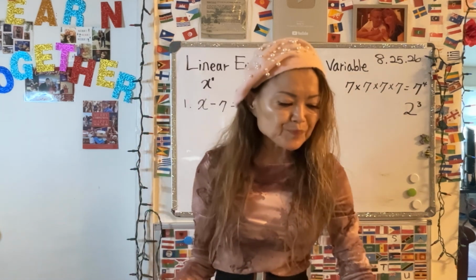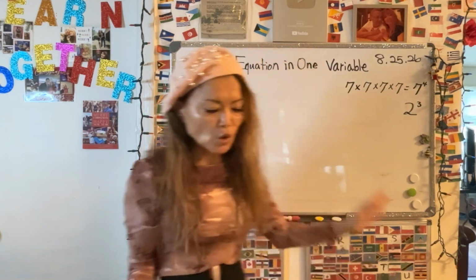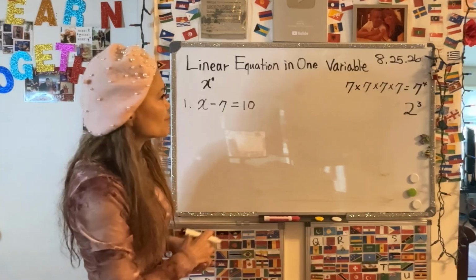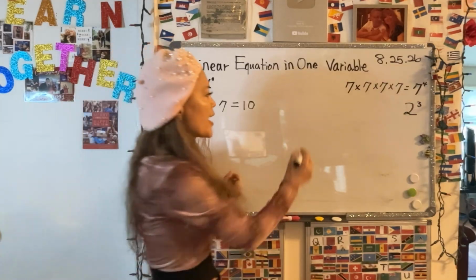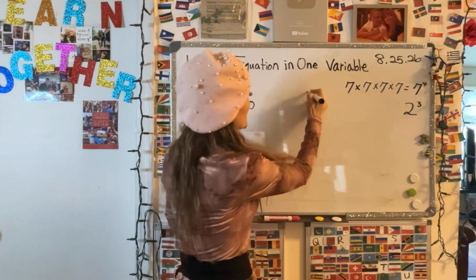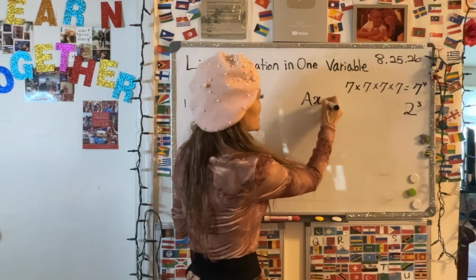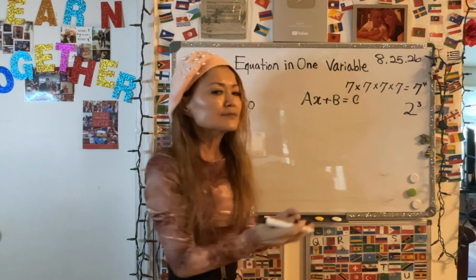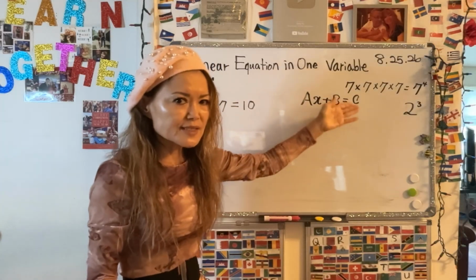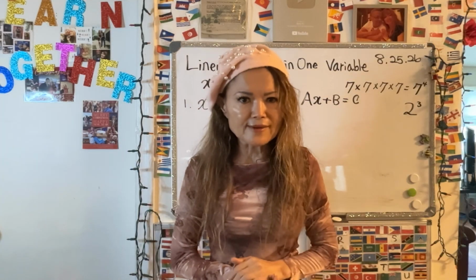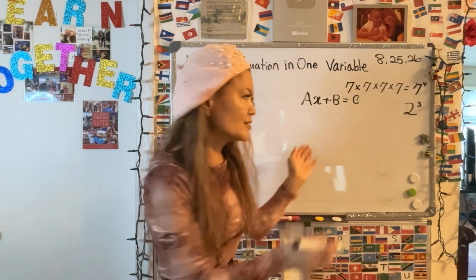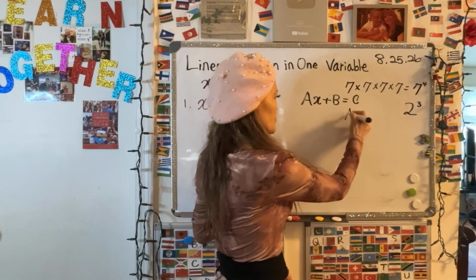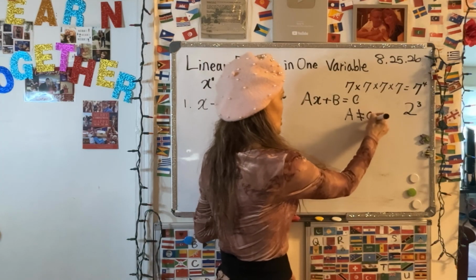So this time, the standard form is ax plus b equals c. A, B, C can be real numbers, and at the same time A can never be equal to 0.